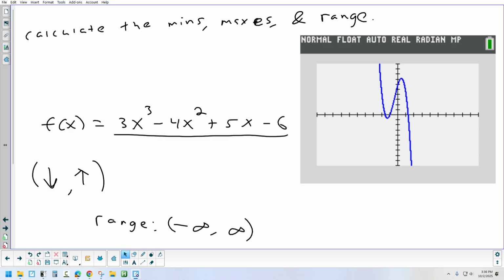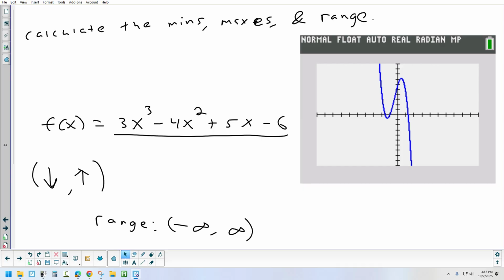Okay, there's one minimum and there's one maximum. It is possible that I give you a graph that has no local extrema. What kind of polynomial wouldn't have any local extrema? Guaranteed. It's possible I could draw a cubic that doesn't, and I had one before I put this one up. But there are certain ones that would never have extrema. Linear. Anything that's linear would never have local extrema, because to have one, your slope needs to change direction. And with linear, slope never changes.